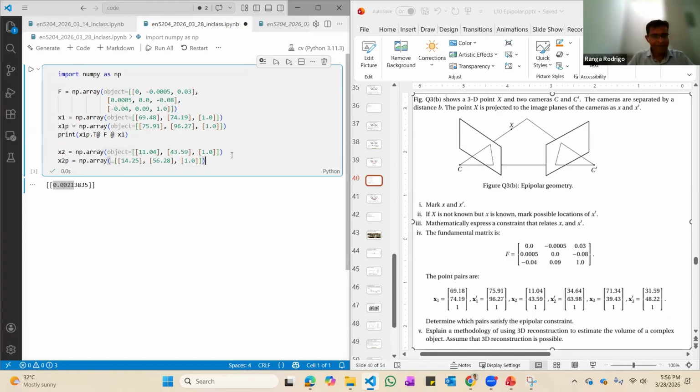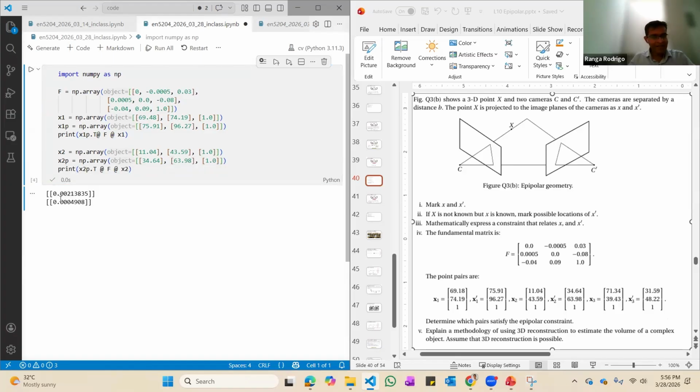Then X2 prime, 34.64, 63.98, and 1. Okay, so let's get that also running, and we can print that. It's 0.004. It's much smaller, right?